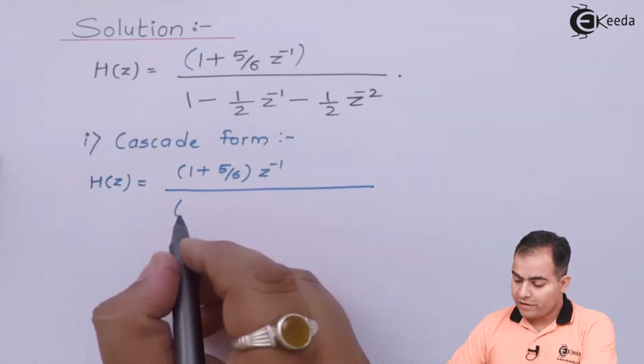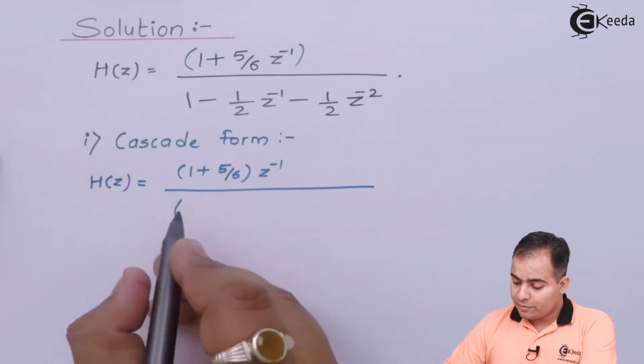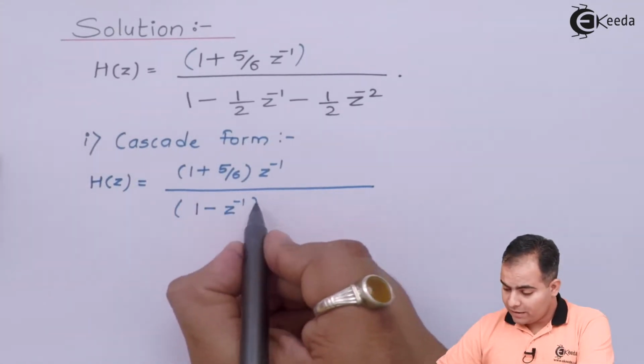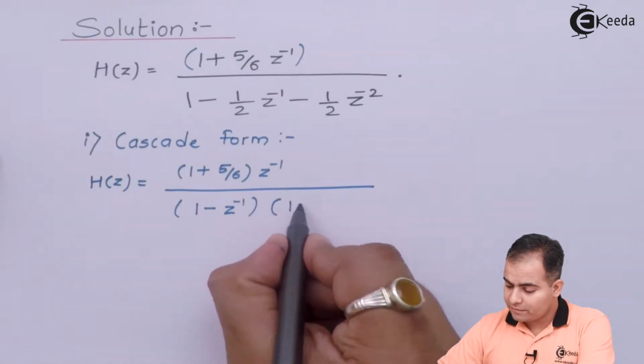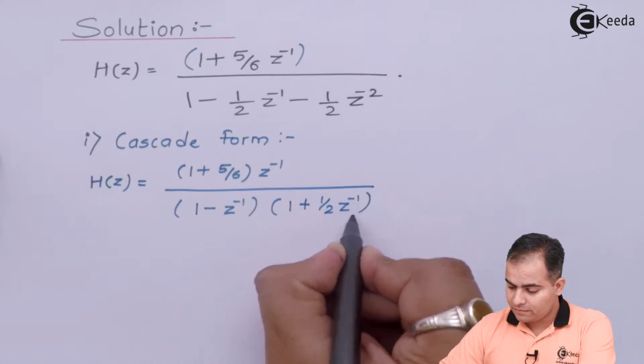If you factorize this part, then my answer would be (1 - z^-1), and in the second bracket we have (1 + 1/2 z^-1).